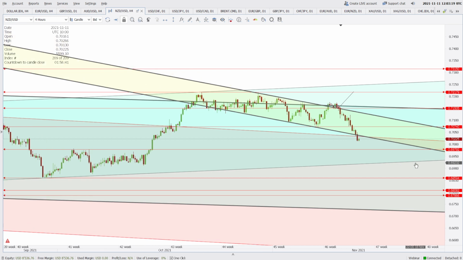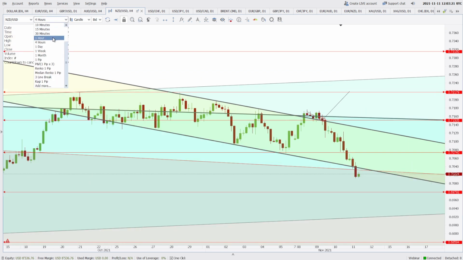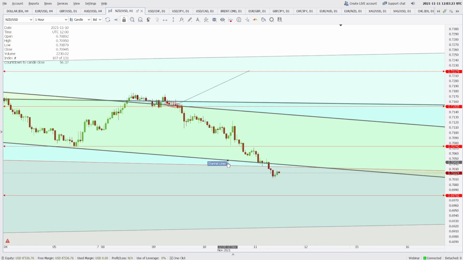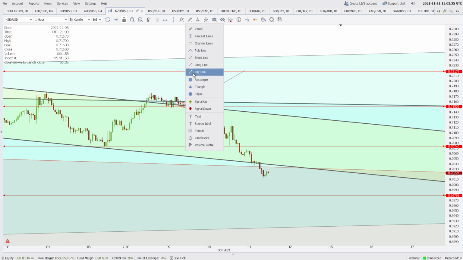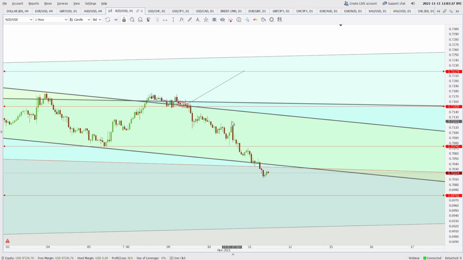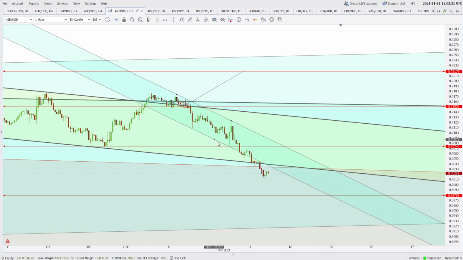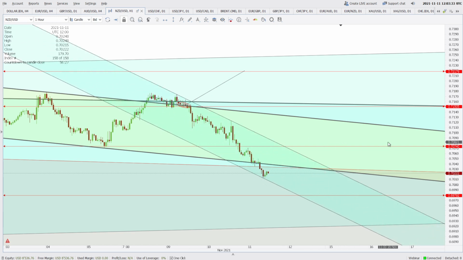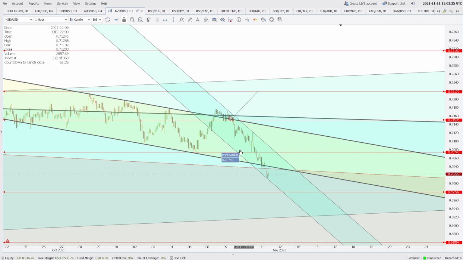What we can do is go to the 1 hour chart and make a channel here. You see the price is going down, we can understand that, but what we can do here is create a channel like this. It is a downtrending channel.